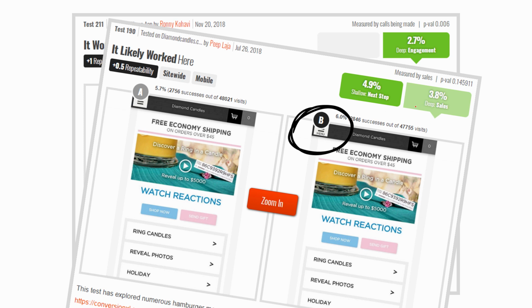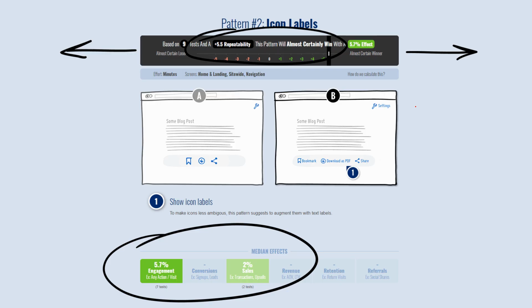And that's where things get interesting at the core of Good UI, because these similar experiments can be compared under patterns. Patterns are a vehicle, a grouping of similar experiments. The reason we're doing this is to get a sense of the likelihood that this will work or won't work in the future, based on the degree of reproducibility or repeatability.